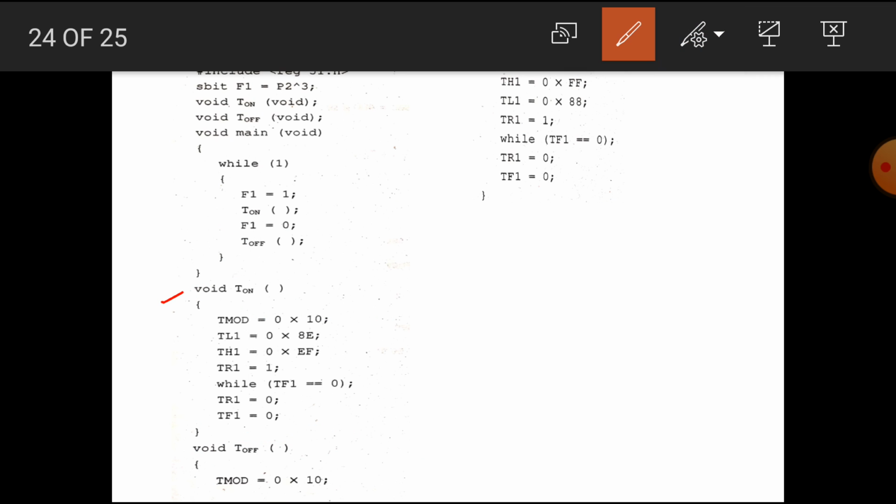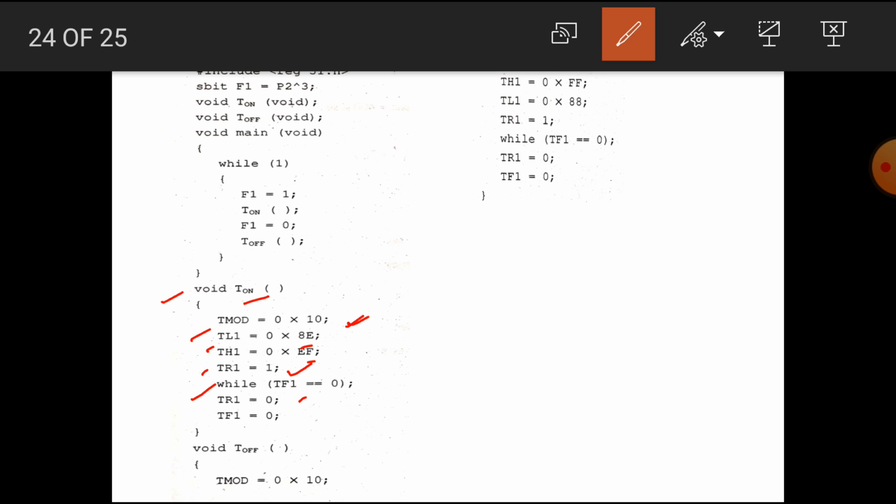The delay subroutine for T on is TMOD equal to 10, that means load the value in the TMOD register to obtain timer 1 in mode 1. I hope you all understand. Then load TL1 equal to 8E, TH1 equal to EF, and then start the timer by setting the TR1 bit.